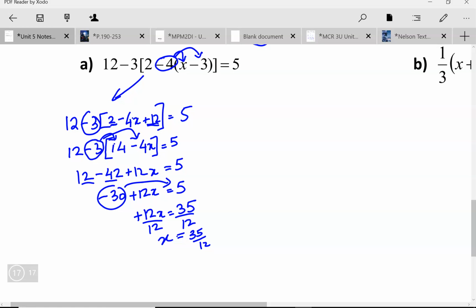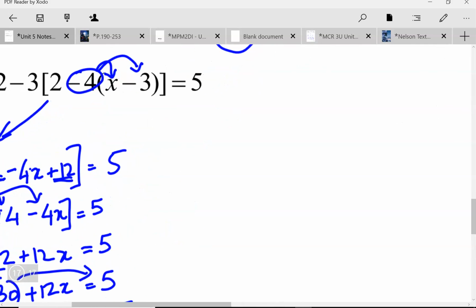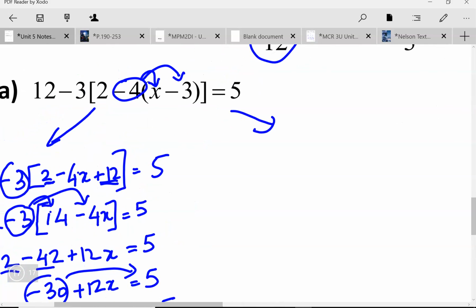That's fine. The other way to do it is actually, because I have only one variable here, I can just use reverse BEDMAS and keep going. So the first thing I'm going to do is deal with this 12. So I'm going to move the 12 over to this side and make it minus 12 because I'm moving the entire term, right?